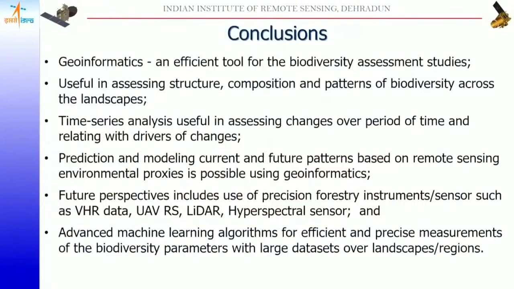biodiversity of the area. So concluding, geoinformatics is a very efficient tool in biodiversity studies, and the time series data available over a period of time is very useful to see the changes in the patterns of diversity, and prediction and modeling are very possible through geoinformatics tools.